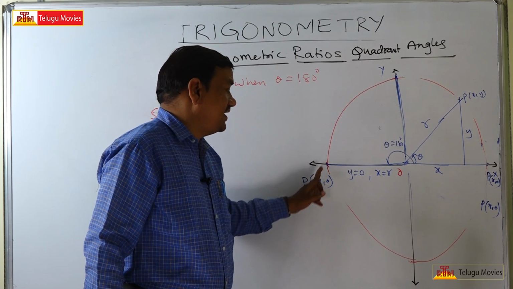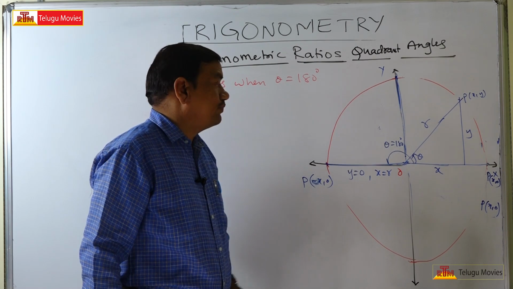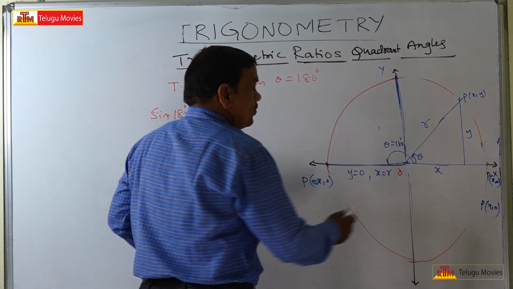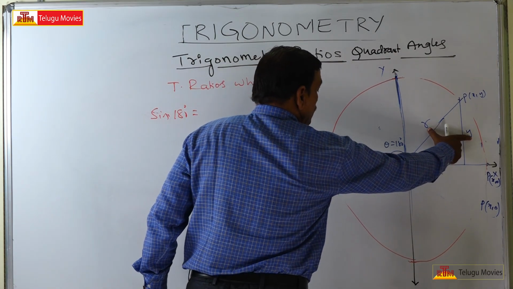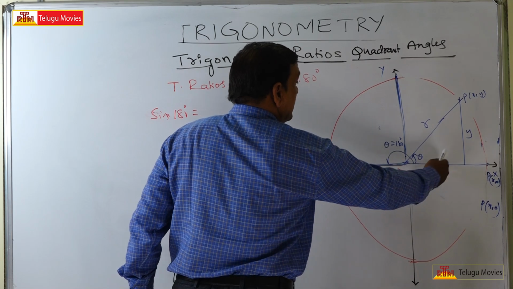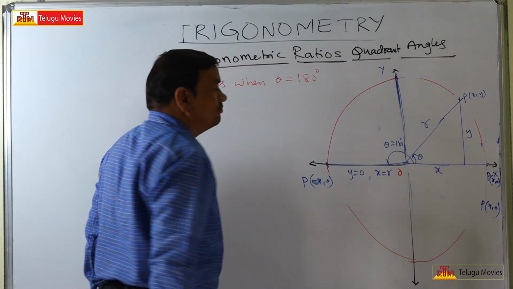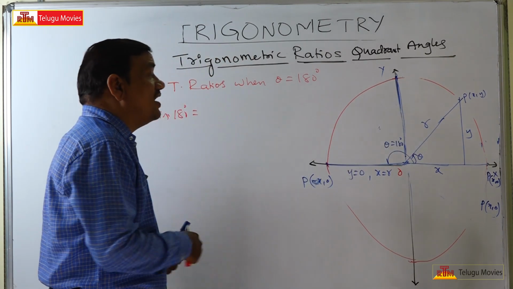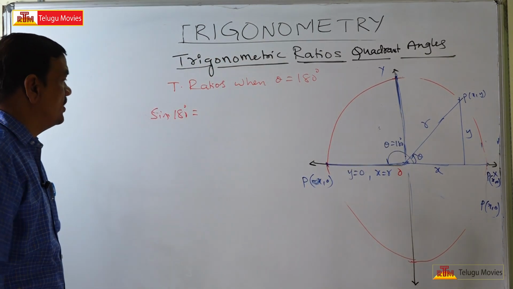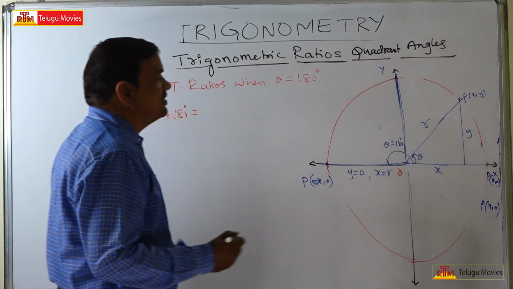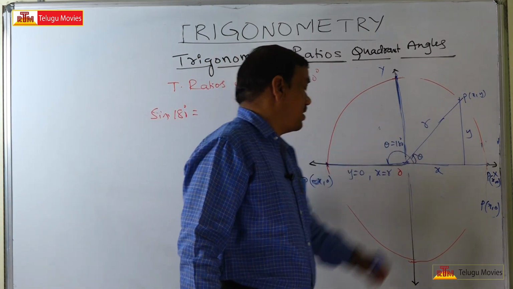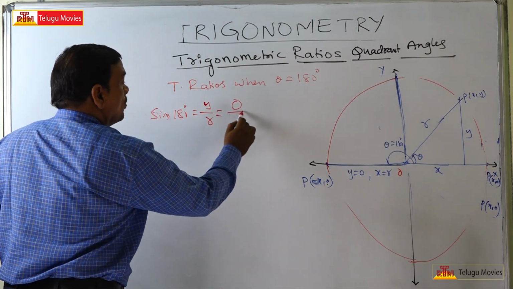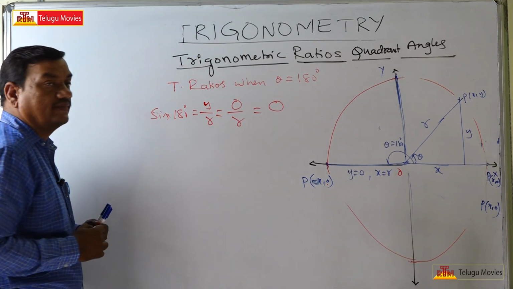That means the point is minus x comma 0. The x value and r value will coincide, and the y value becomes 0. Now sine 180 degrees means y by r. The y value is already 0, so 0 by r is equal to 0.